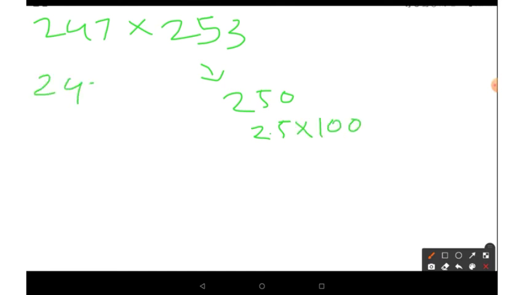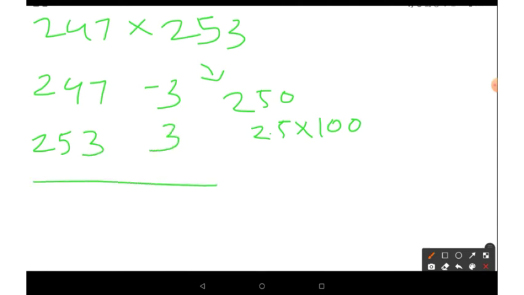So we'll write the numbers, 247 is minus 3 and 253 is plus 3. Then 247 plus 3 or 253 minus 3, whichever is easy. So it is 250, and you will get minus 9.